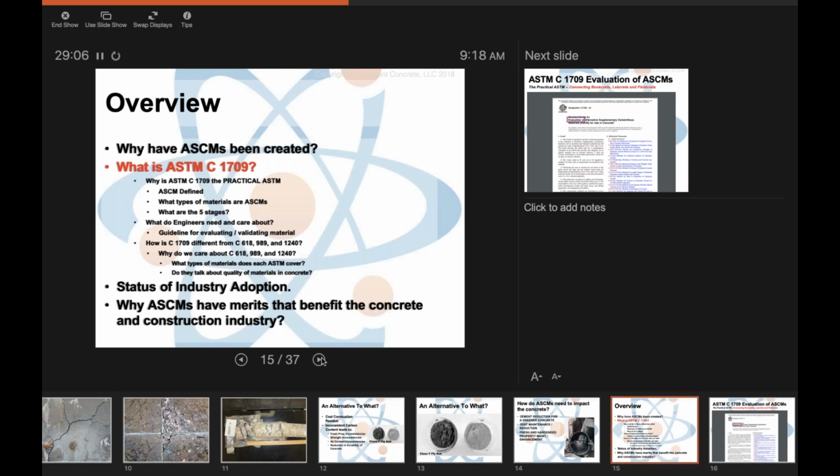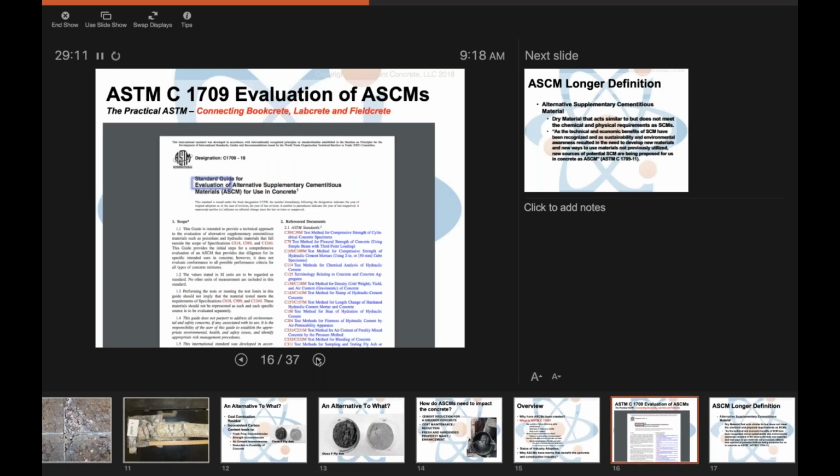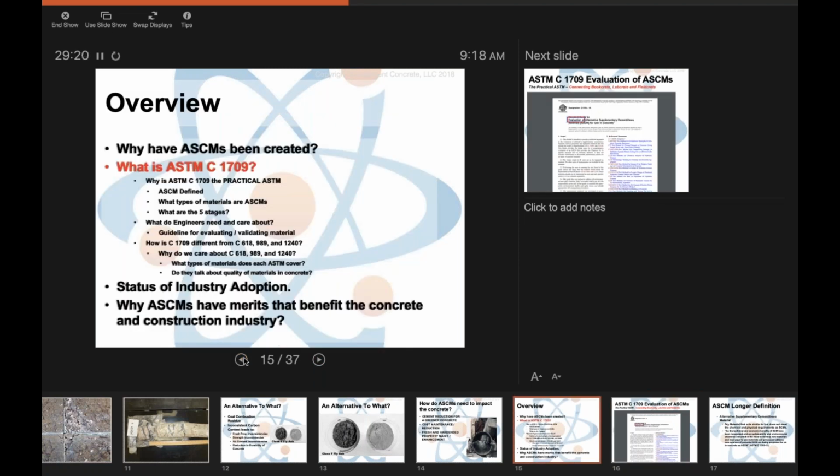One more. Okay, so I keep talking about this ASTM C1709. Oh, back one more. And this is the roadmap that I'm going to take. I am going to use segment 2 and segment 3 to show you the practical applications, but I want to use the ASTM to define ASCMs and then go into the different stages, because I want to show you the quality control process that you need if you want to scale this type of material up.